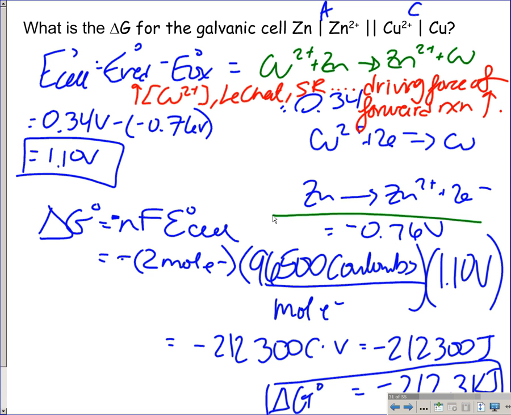I'm increasing the likelihood of the forward reaction. If I'm increasing the likelihood of the forward reaction, there are going to be more electrons traveling from anode to cathode. More electrons, maybe at a higher speed. If there's more electrons traveling per time, what should happen to my voltage? Increase the voltage. So forward reaction favored, increase the voltage due to more electrons per time, which is in fact an increase in E cell.